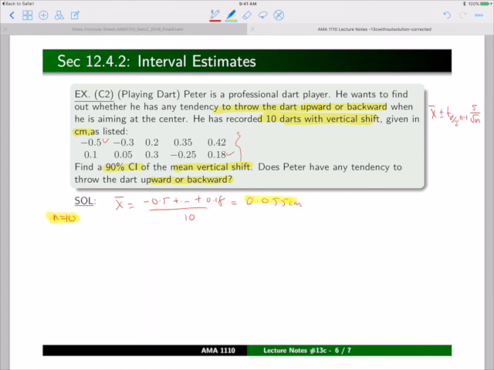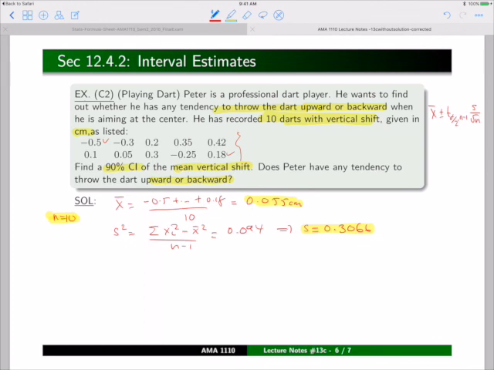And then we need the sample variance. Remember it's the sum of xi minus x bar squared, divided by n minus 1. So that would be in fact 0.094. So the standard deviation is the square root of that, so it's 0.3066.